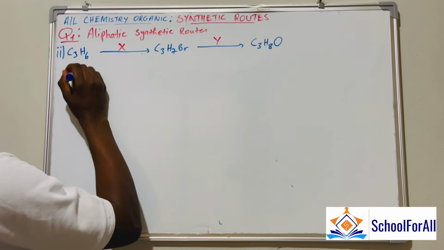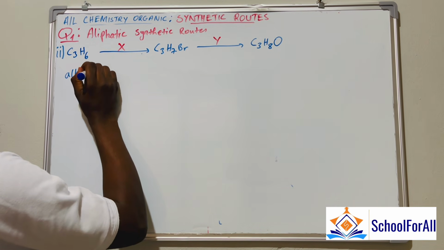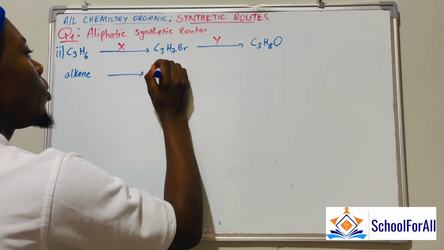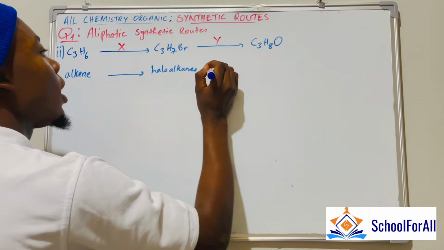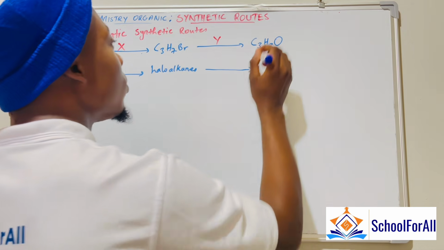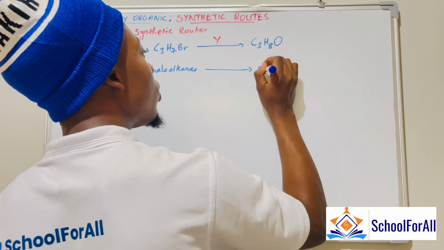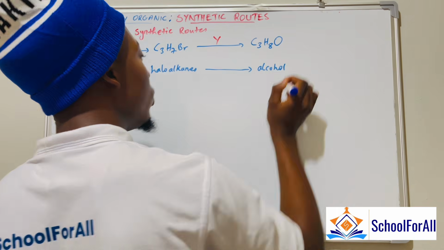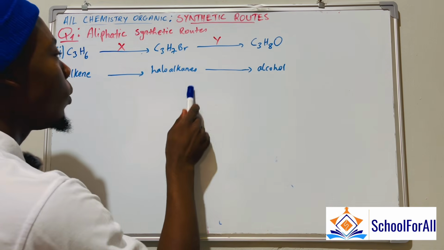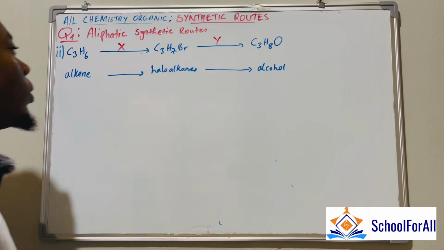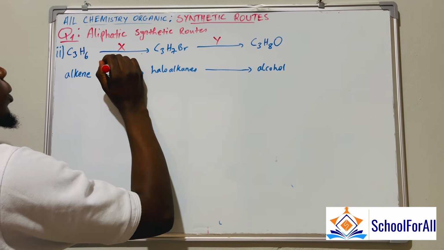So here I'm having alkene, which is converted to halogenoalkane, and which is converted to an alcohol. So to convert an alkene to a halogenoalkane, we generally use a reagent which is what?